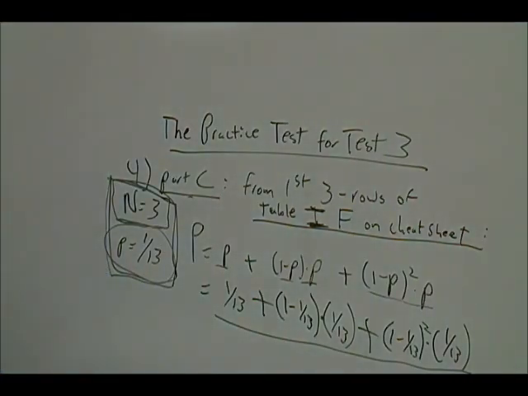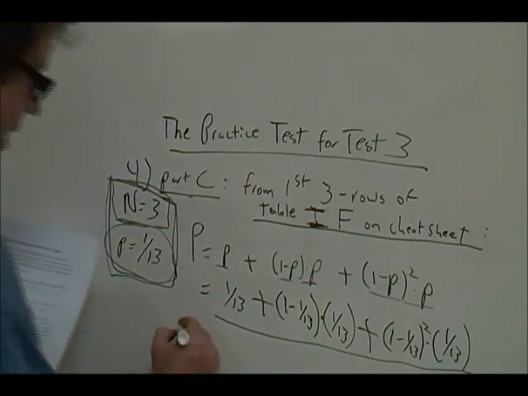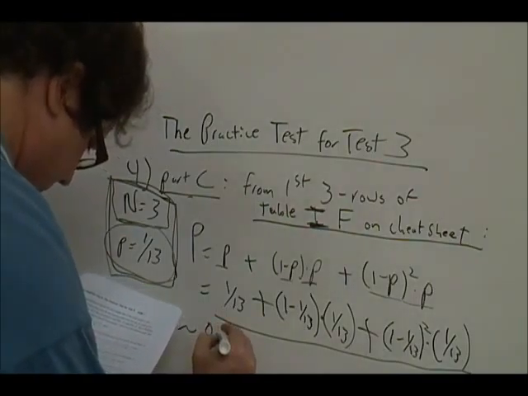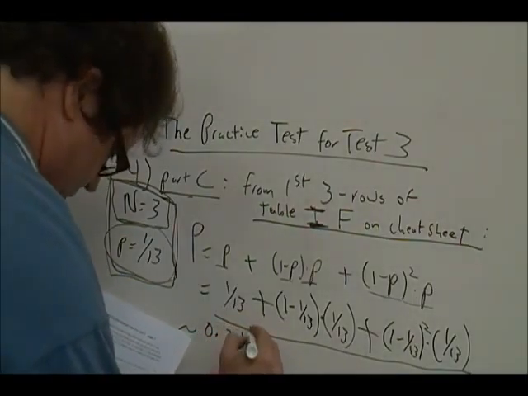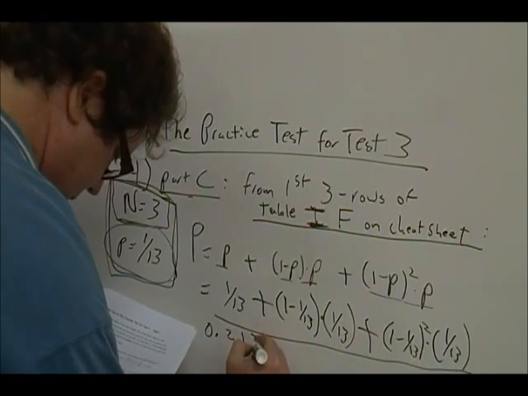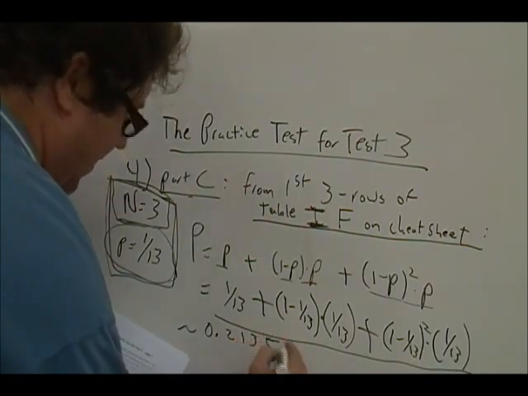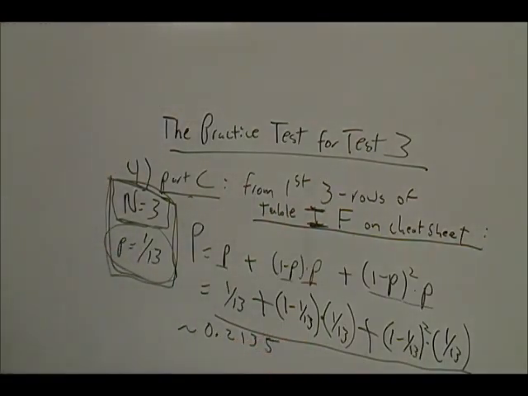After that, you should be getting on your calculator that this comes to approximately 0.2135. If you round to 4 significant figures, it rounds to 0.2135.